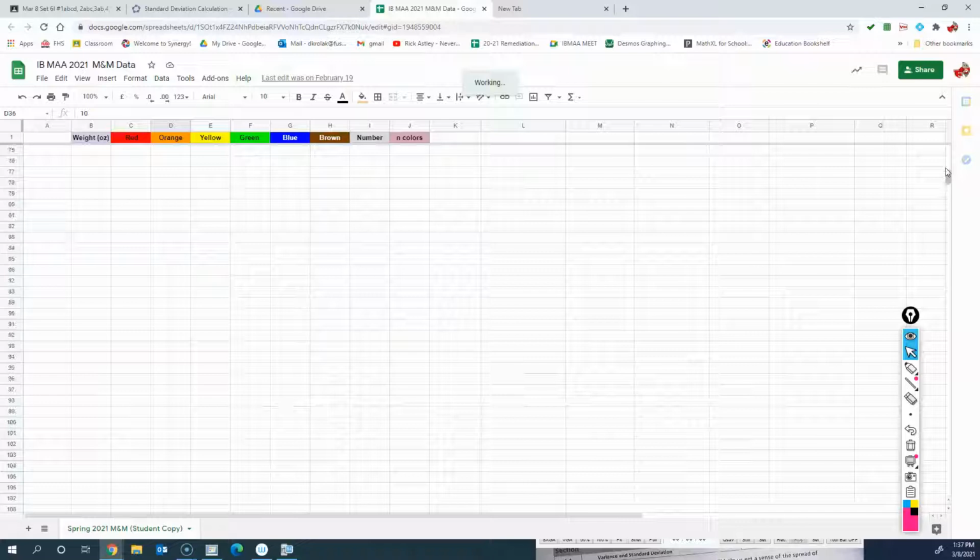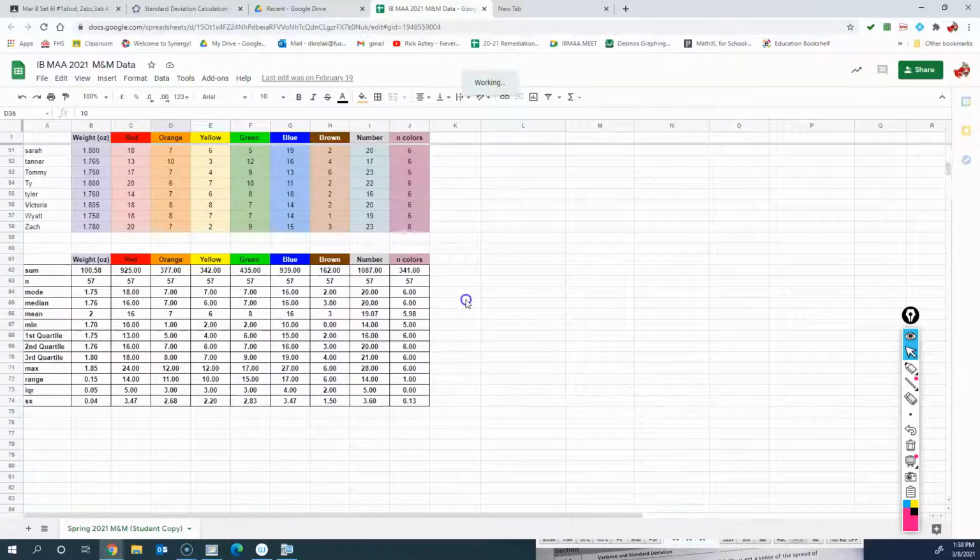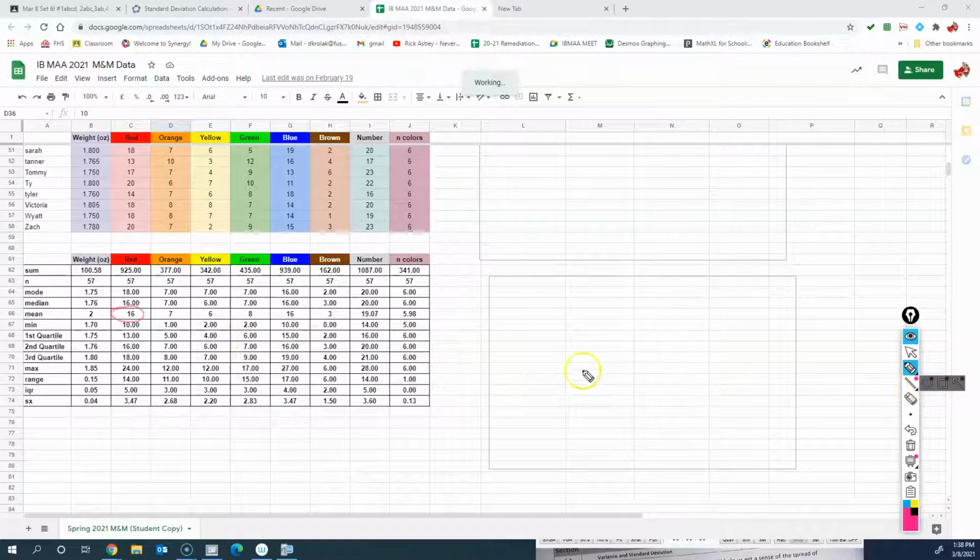Look up here, folks. Here's the average for the red M&Ms right there. So on average, most packages had 16 M&Ms.